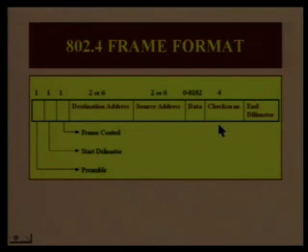There is no such token in 802.3. Anybody can send data at any time, but before that they have to sense the channel. That is CSMA/CD. So 802.3 is much more distributed and flexible compared to 802.4, but its chances of collision are much higher than in 802.4, because at a time only one token holder will be there in the network.